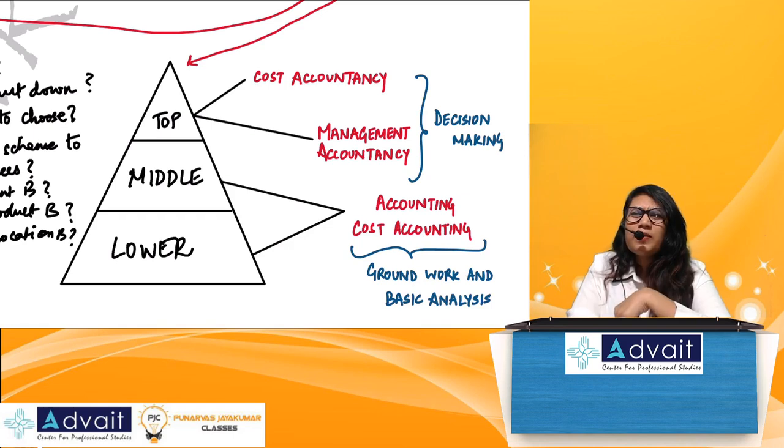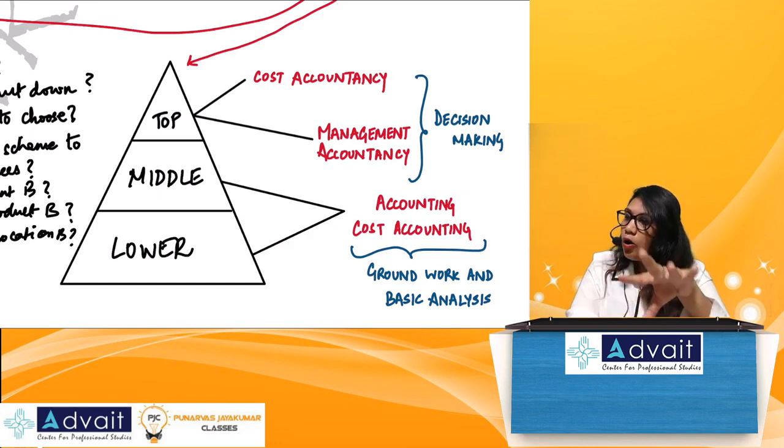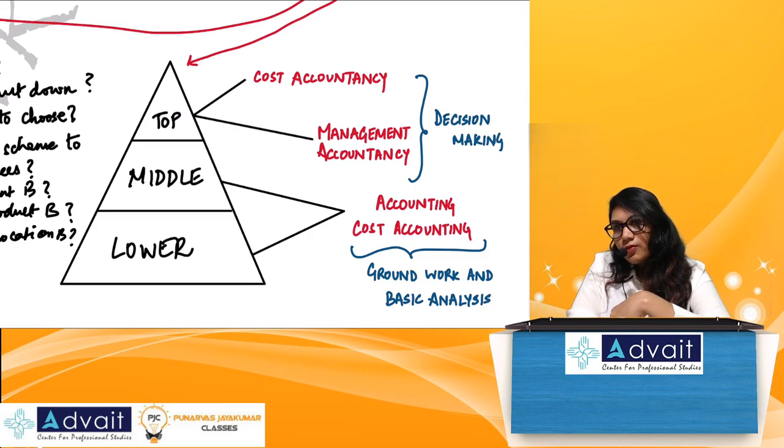So once you become a CA, and you decide to go into this field, where will you fit? Aha, top. Everybody wants to be in the top level management. So it depends. If you're doing the accounting part, then you'll be in the middle level management, not lower.